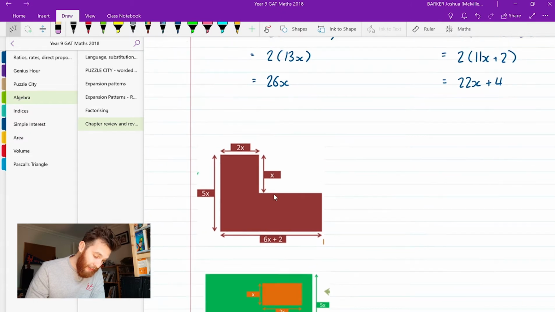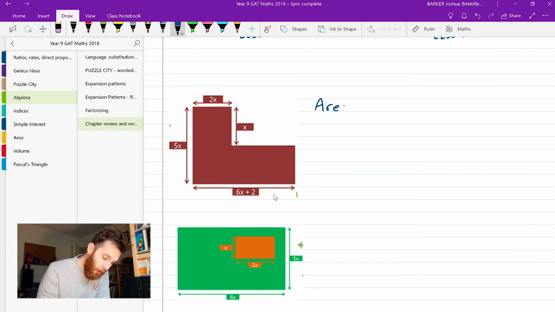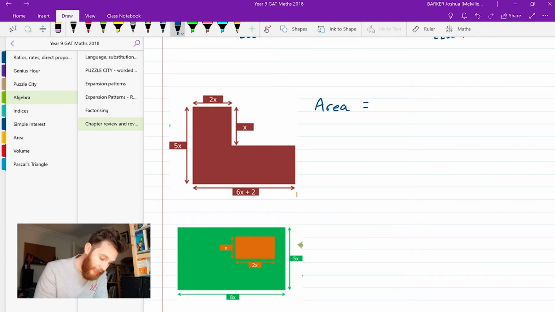So using the brownie, reddish, maroon sort of shape, if we were to work out the area of that particular L shape, the way that I would recommend that you do that is to find the area of this larger rectangle.